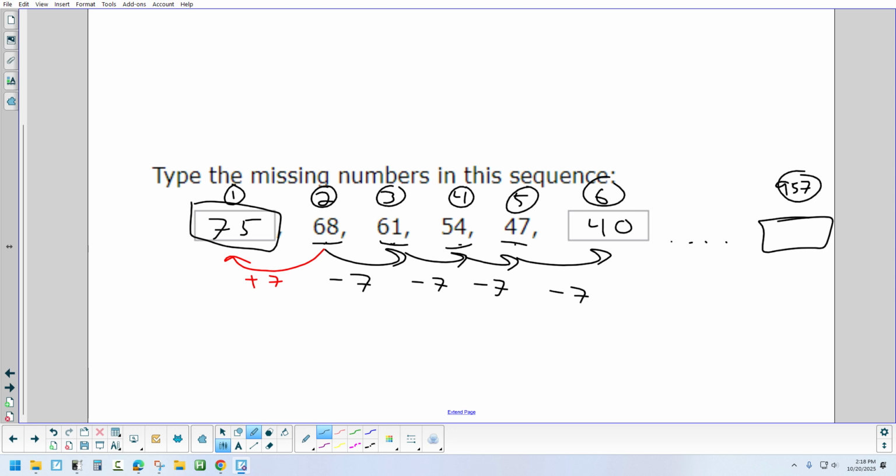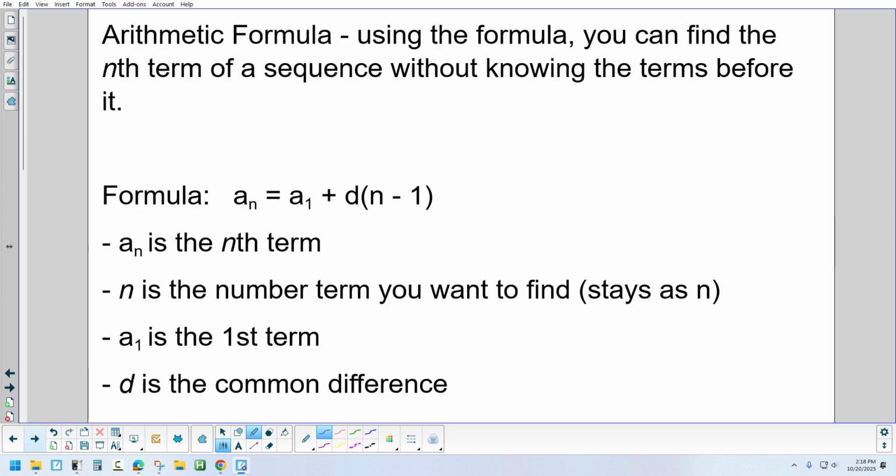Okay? So the last thing we're going to look at is how you can find a formula that will give you that automatically without minusing 7 900 more times. So here's our pattern. And you guys already have this on your notes.